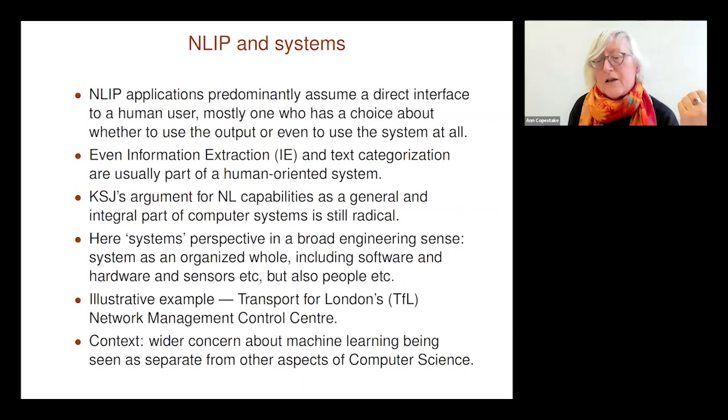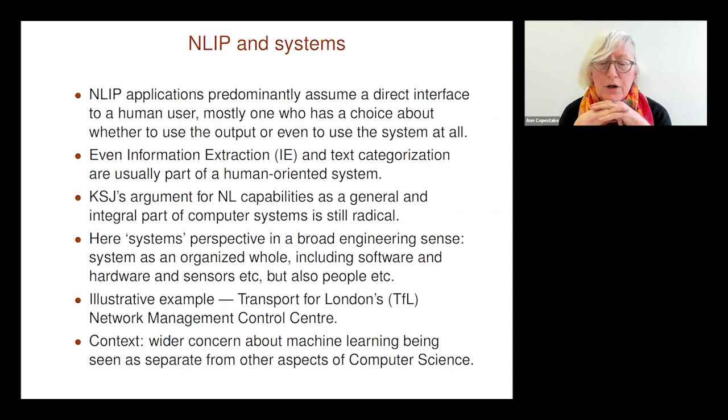Not everybody does have that choice, but a lot of people do. The two main exceptions to this are information extraction and text categorization, but even those are usually part of a human-oriented system.